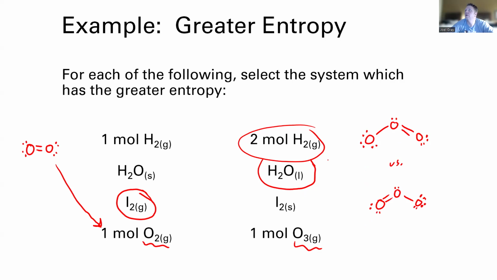This is effectively 2 different models, 2 different structures. And ultimately, there's a word that we've talked about a little bit in this class, but it definitely came up in Gen Chem 1, and it's definitely going to be a big part of your organic chemistry classes, is that these 2 structures are resonance structures. They're resonance stabilized.